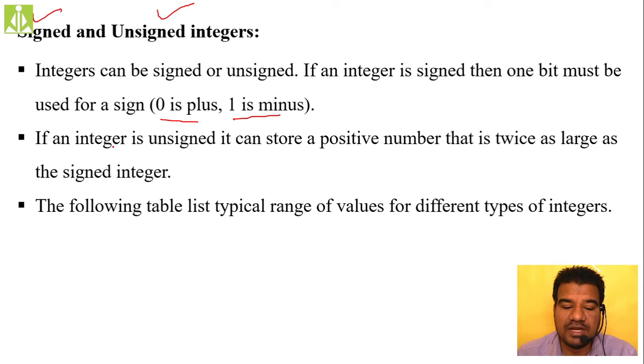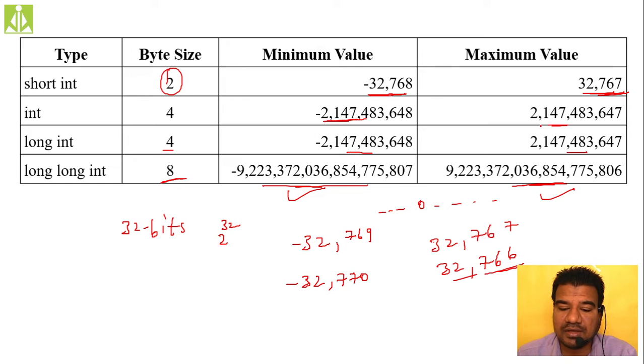See here, if an integer is unsigned, it can store a positive number that is twice as large as the signed integer. Twice as large in the sense the range is simply getting doubled. The following table lists the different types. See here, if it is short integer, then 2 bytes we said, and minus 32,768 to plus 32,767, this much of range, so that you have an understanding.